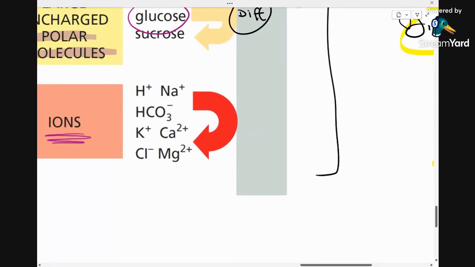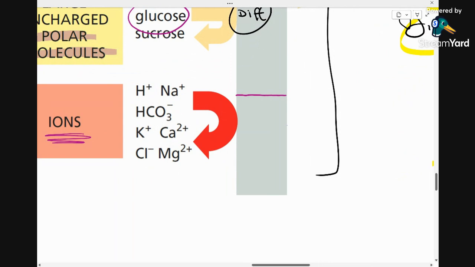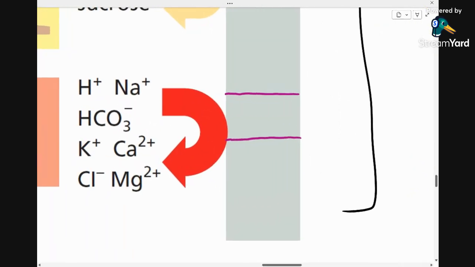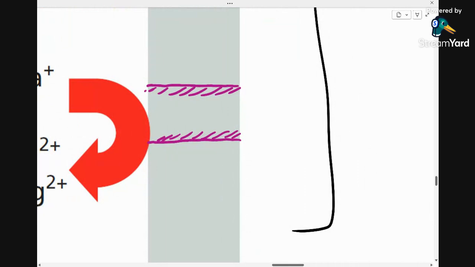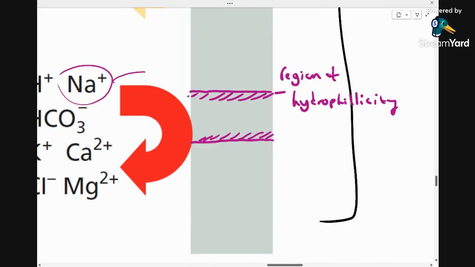And the quick answer is we do the simple thing of essentially puncturing a hole in the membrane somehow, and we create a region either side of this channel, a region of hydrophilicity. What that means is that the ions, the charged things, can then move through here.